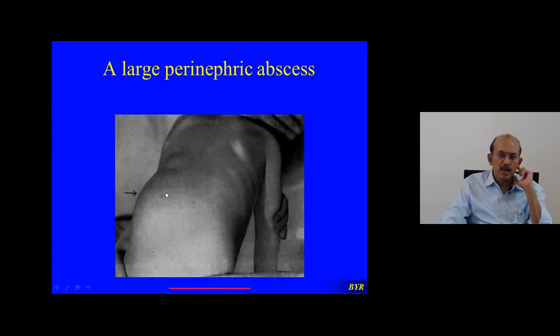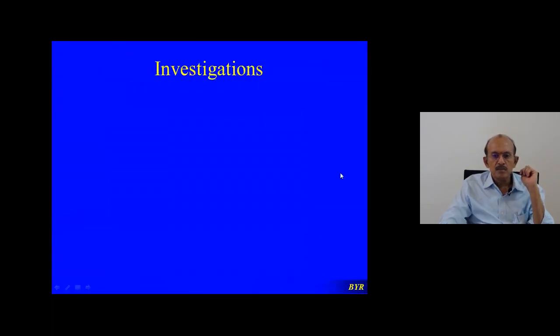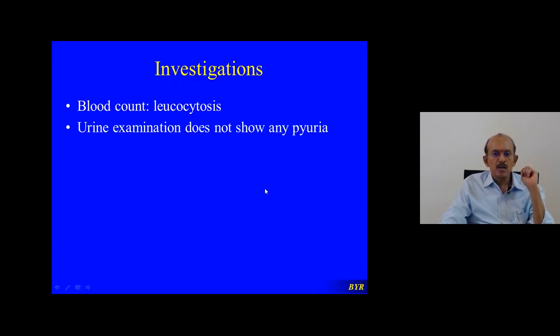You can see here a large perinephric abscess pointing as a large swelling here. Investigations: blood count shows leukocytosis. Urine examination doesn't show any pyuria.